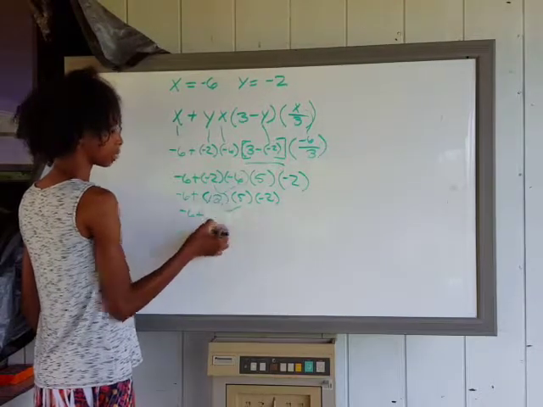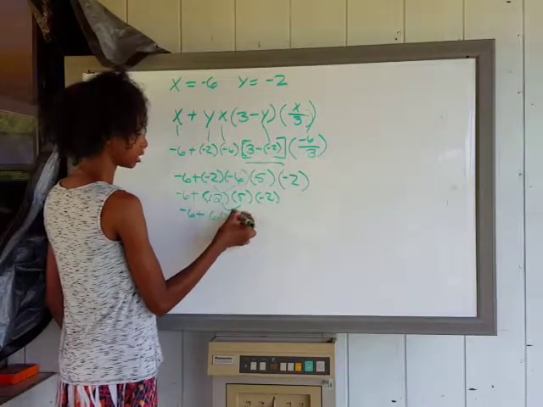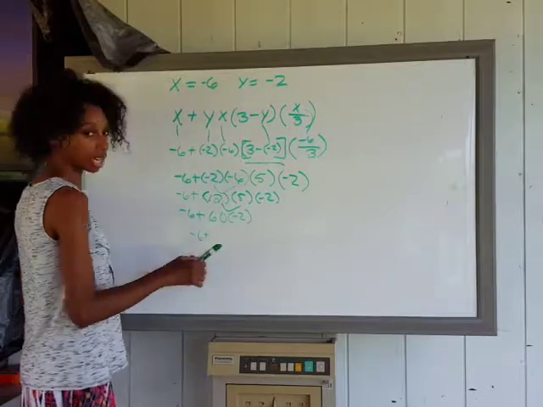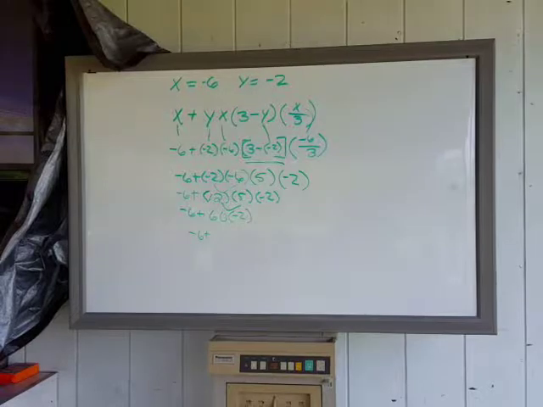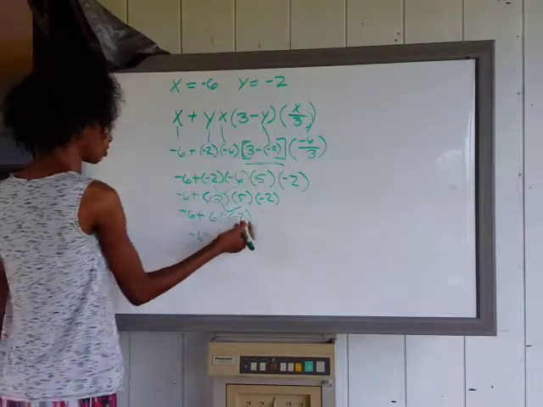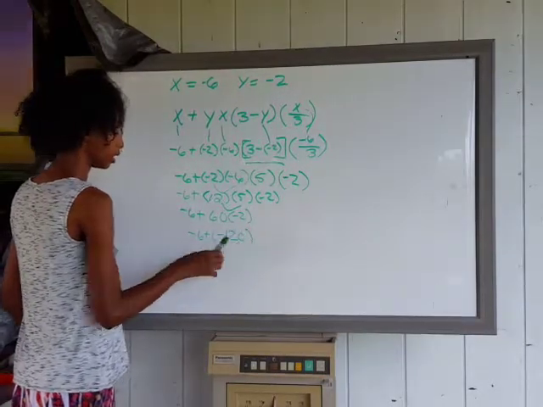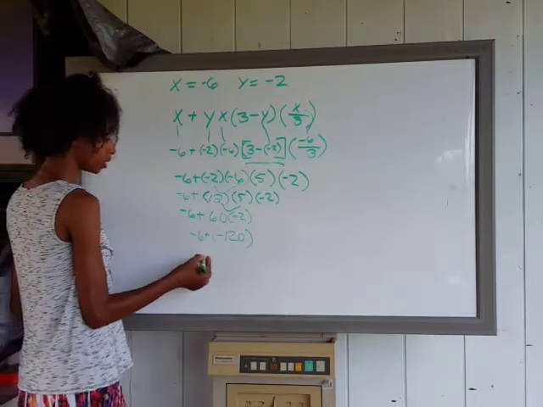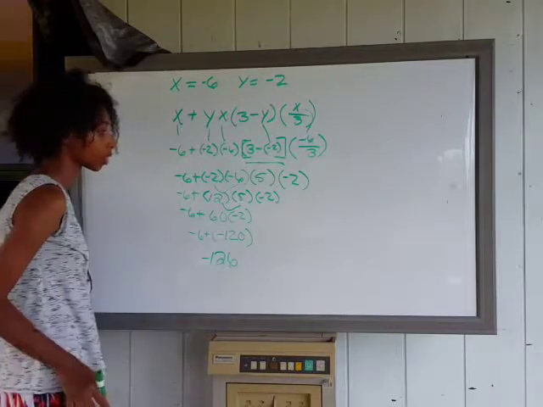So positive 12 times 5 is 60. 60 times negative 2 is negative 120. And negative 6 plus negative 120 is negative 126.